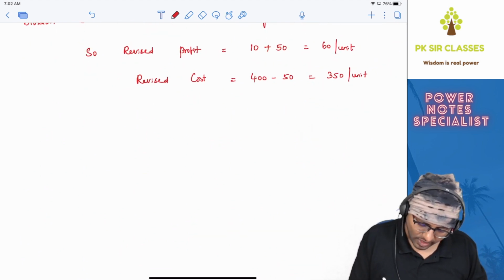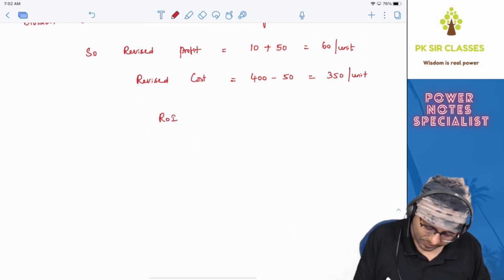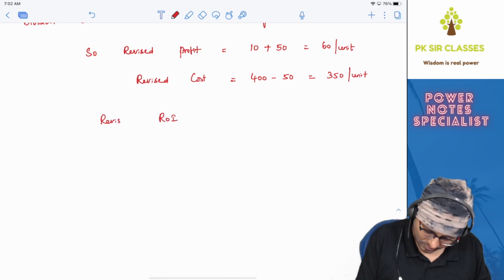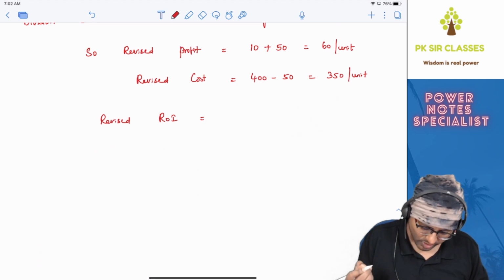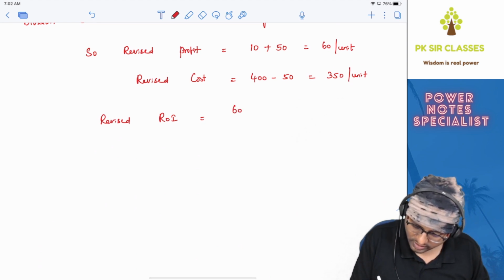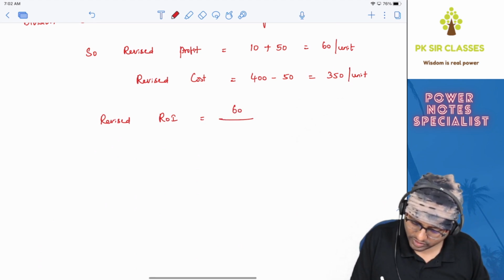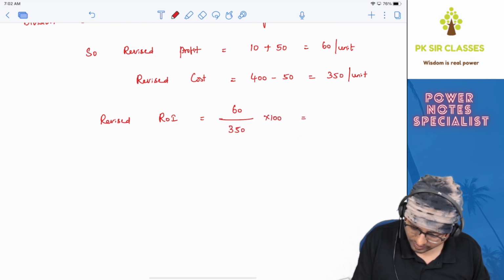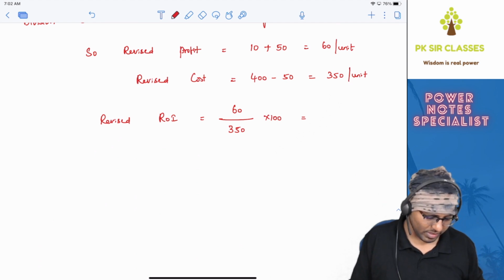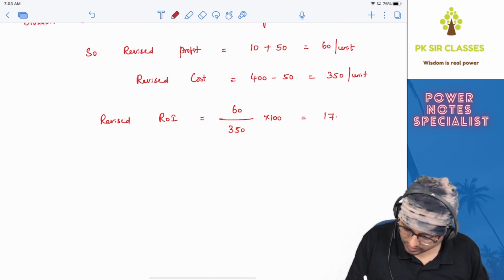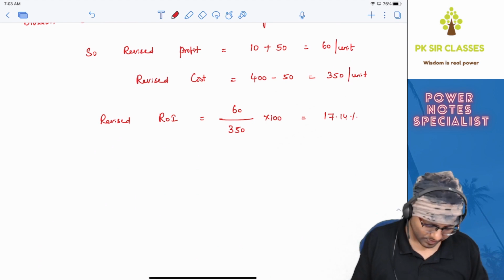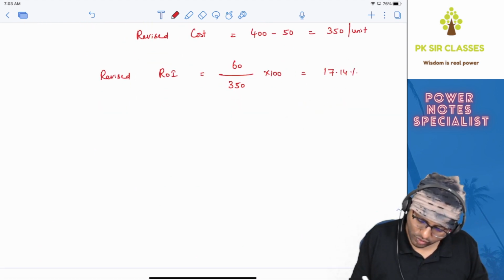Okay. Now, revised ROI. Return on investment. How much it's going to be now? The profit is 60. Return divided by investment, which is nothing but cost, 350 into 100. 60 by 350 into 100. Okay, which comes around 17.14%.